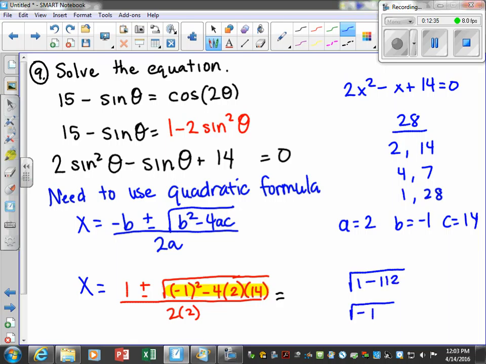Which the discriminant would simplify to a negative 111. A negative value under the radical just means it's not a real solution. So I don't even have to calculate all the rest of this out. There is no real solution to this answer, or not a real number. So I'm going to say no real solution.